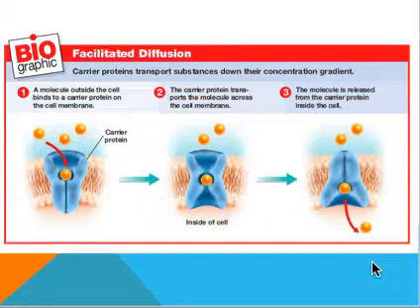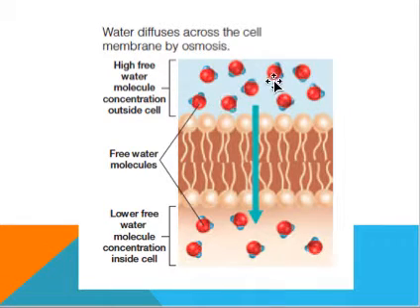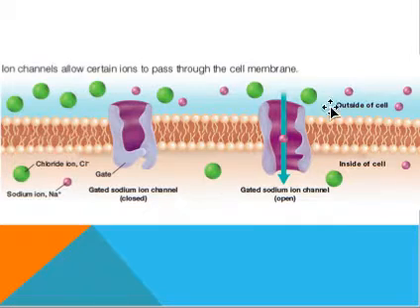So we've got a couple different things going on. Just to recap, you have simple diffusion, where something goes straight through the cell membrane, from an area of high concentration to low concentration. You also have diffusion where it can't go through the cell membrane, so it has to go through an ion channel.